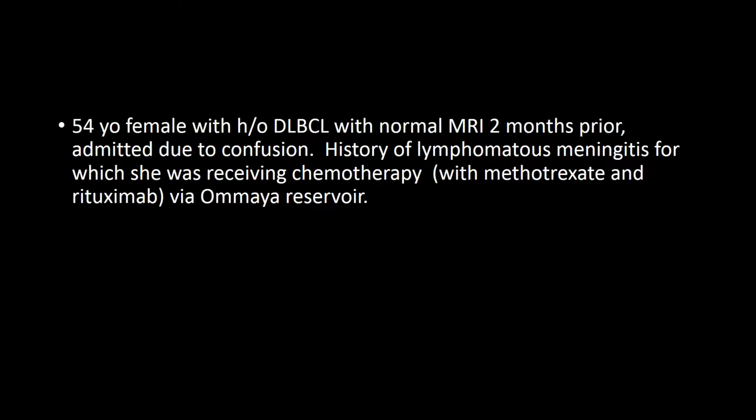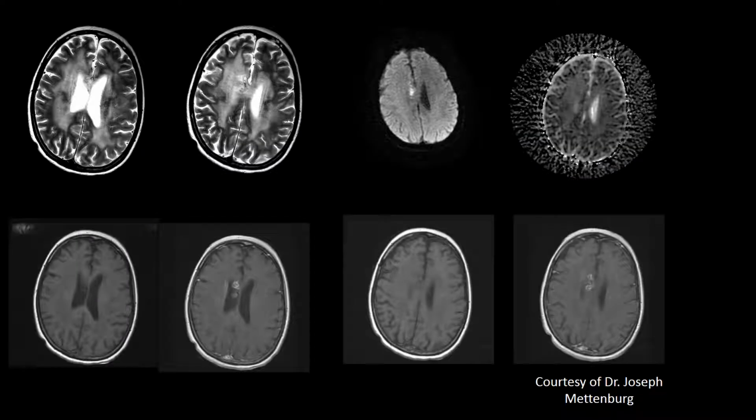So here's a good case of a 54-year-old woman with a history of diffuse large B-cell lymphoma. She had a normal MRI 2 months previously, and she was admitted to the hospital due to confusion. She has a history of lymphomatous meningitis, and she was receiving chemotherapy with both methotrexate and rituximab through an Ommaya reservoir. What you see is this area of T2 hyperintensity in the periventricular white matter with enhancement.